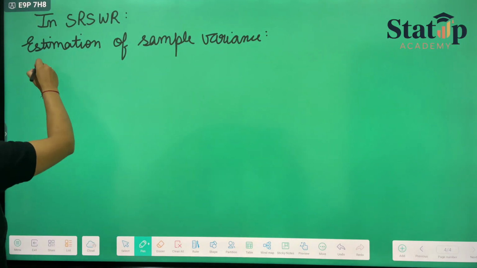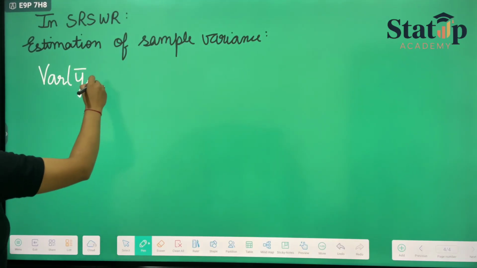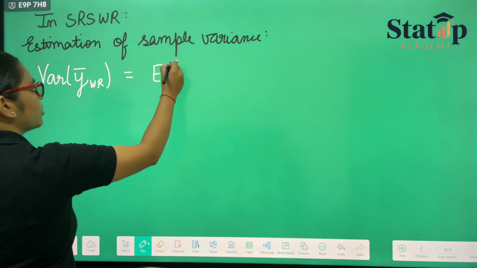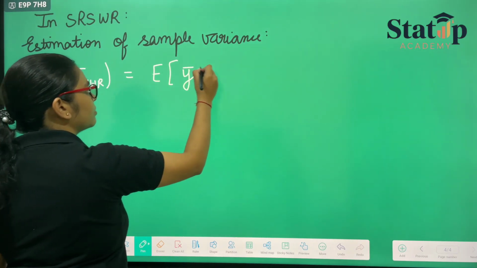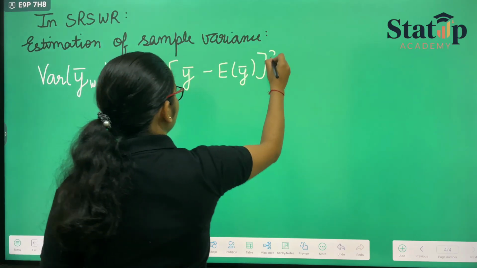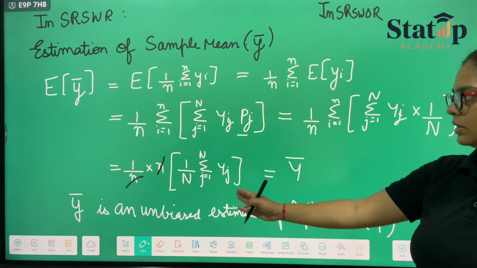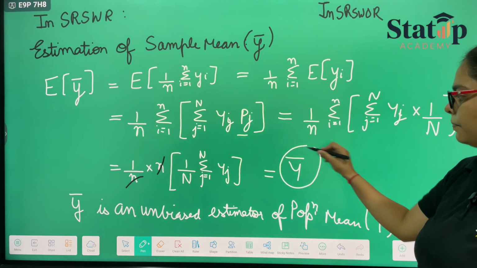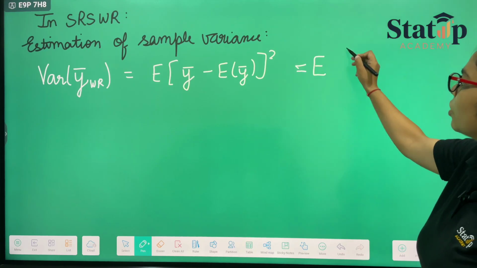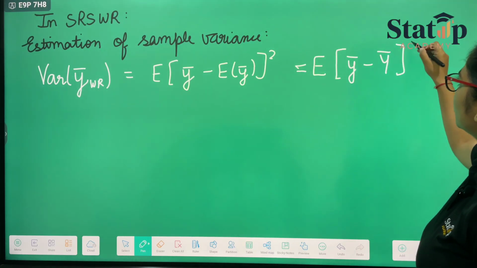So we all know that the variance of the sample, we can write it with replacement, is given by estimation of y bar minus estimation of y bar whole square. Now estimation of y bar we have derived here, it is nothing but capital Y bar. So it will be estimation of y bar minus capital Y bar whole square.